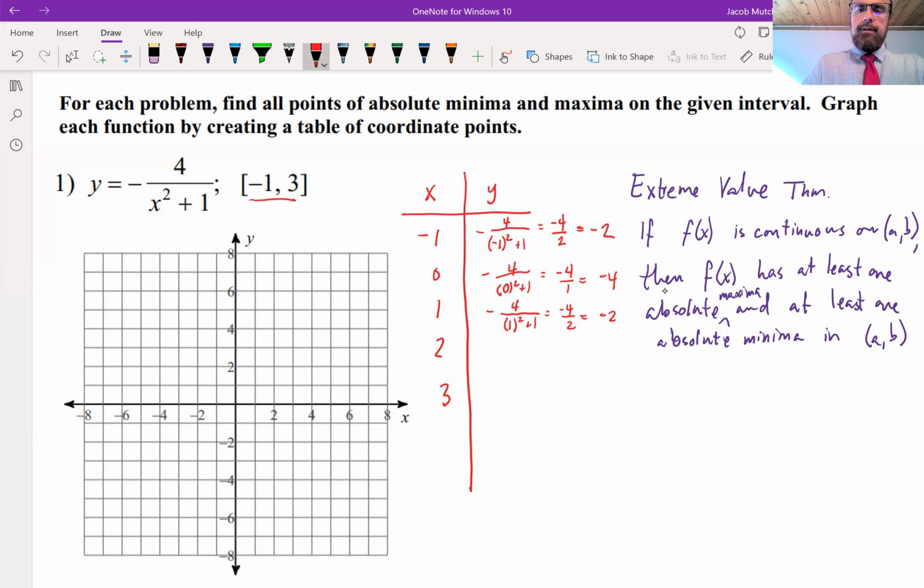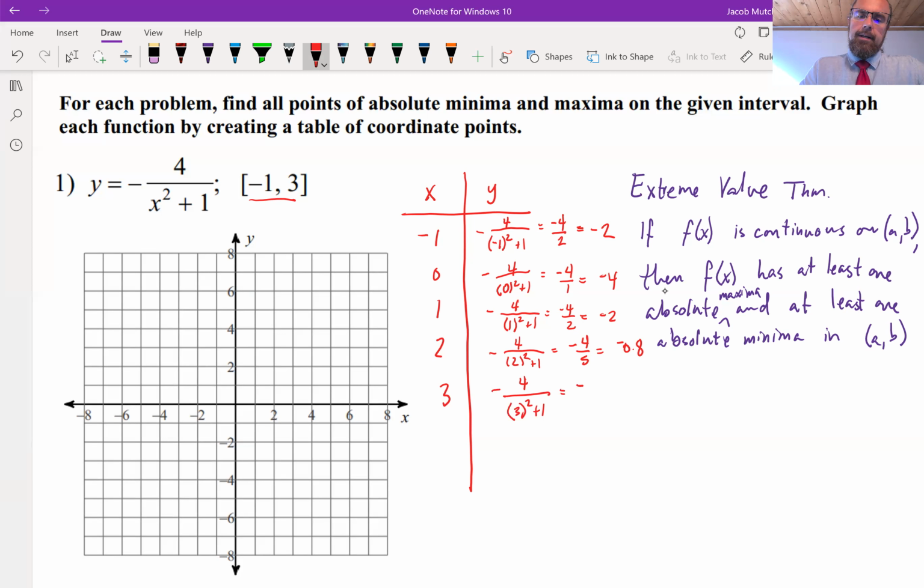So we do have a duplication here between -1 and 1's output. It's both -2. All right, now at +2, -4 over 2 squared plus 1 is going to be -4 over 5, or -0.8.